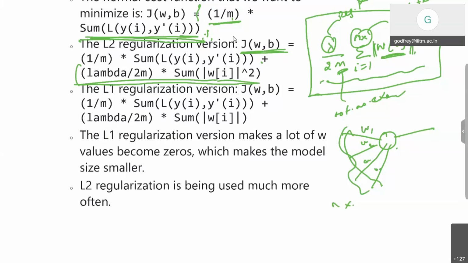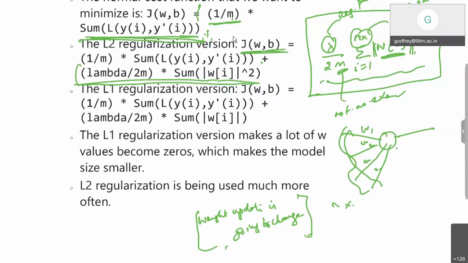Now, what is the impact of having this regularization? Having this regularization also means that your weight update is going to change.